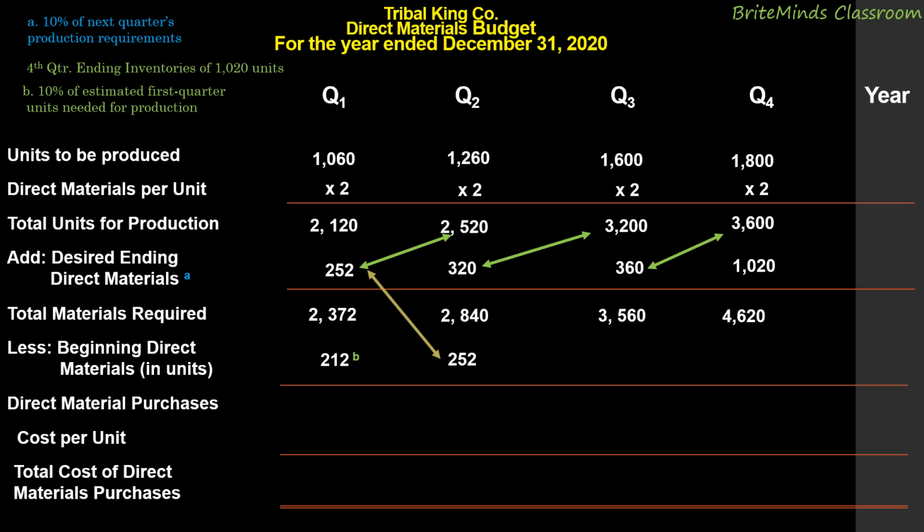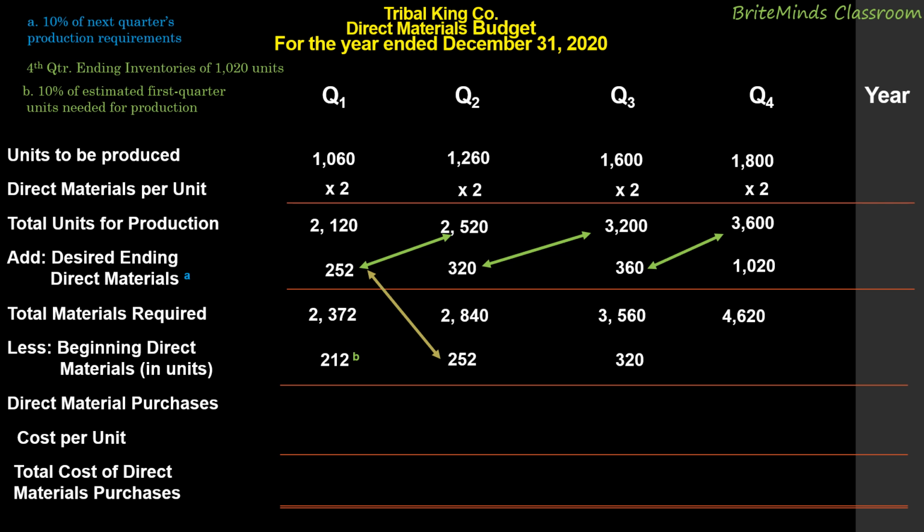And then for the third quarter, the beginning direct materials is 320. Okay, so the explanation is this, guys, that the ending inventory will be the beginning inventory for the next production. Okay, so 320 is the ending direct materials of quarter 2.